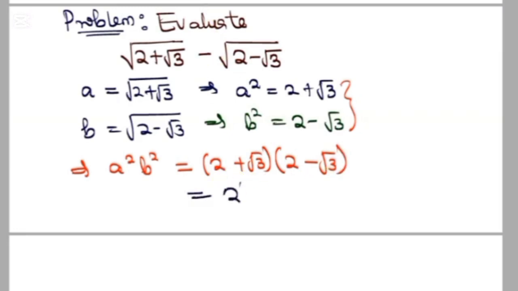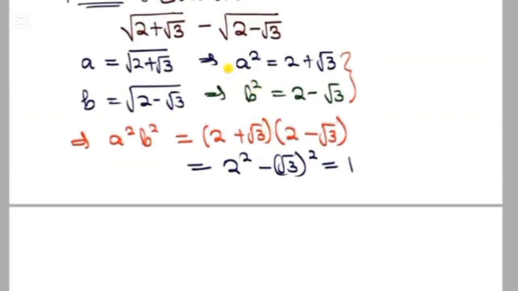You are going to have 2 squared minus root 3 squared, which is simply going to give me 1, because 2 squared is 4, and the square of the root of 3 will give you 3. Right. So now what do I do next?